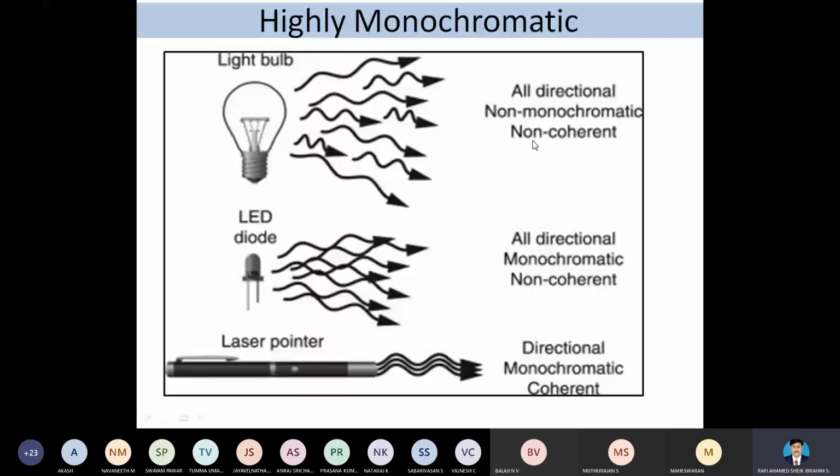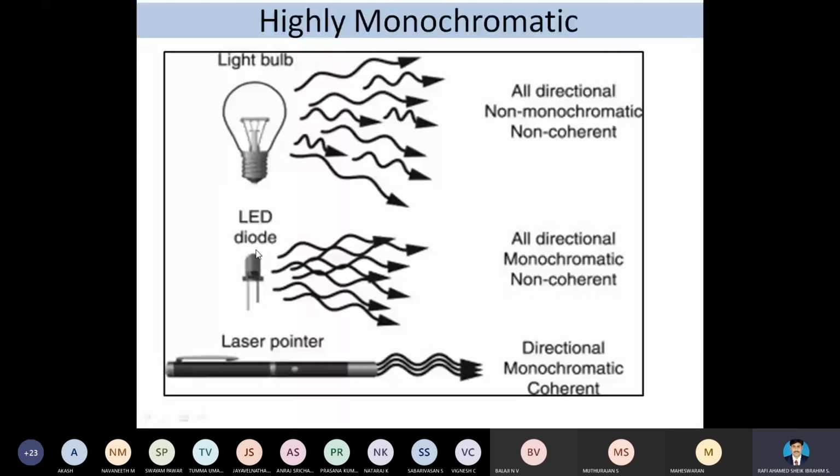But when we compare with the LED light, the light emitting diode, we can see that the light will spread in all directions. That's why we have mentioned all direction. But they spread in all directions at the same pace. That's why it's monochromatic, but it's not coherent.